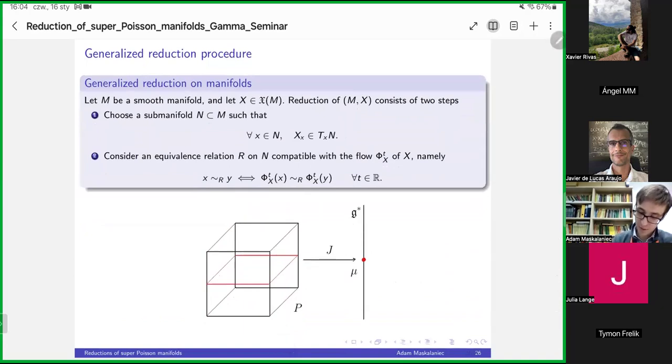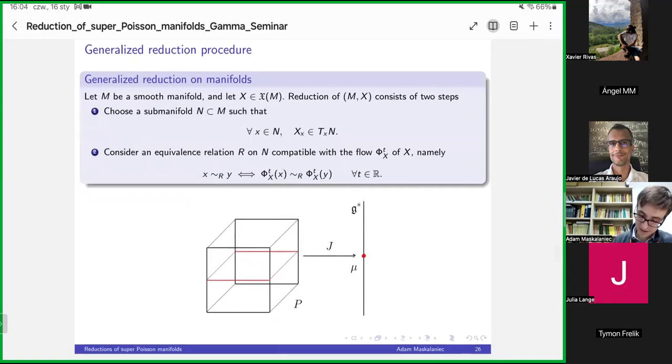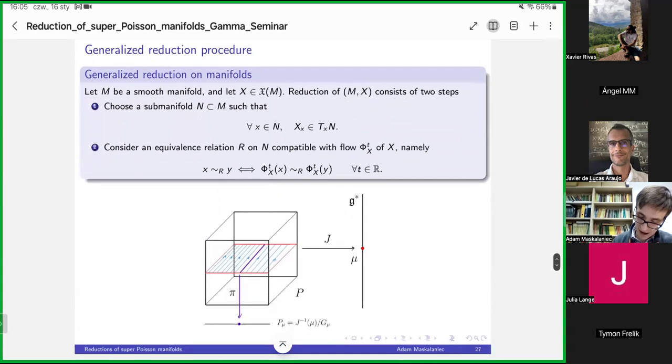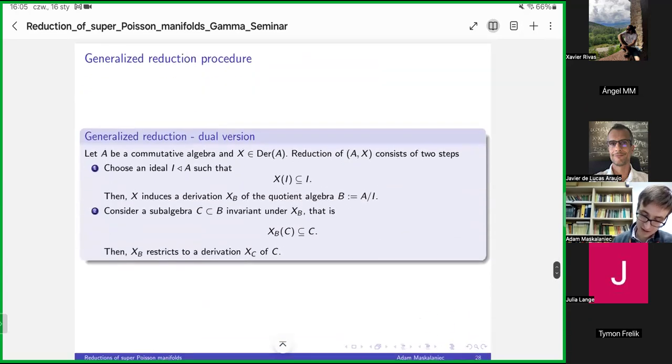So this paper basically proves equivalence between this slide and the next one, the algebraic structure. And since one of the co-authors is Professor Giovanni Landi, who is specialized in non-commutative geometry, it is applied to examples of reductions in non-commutative geometry.